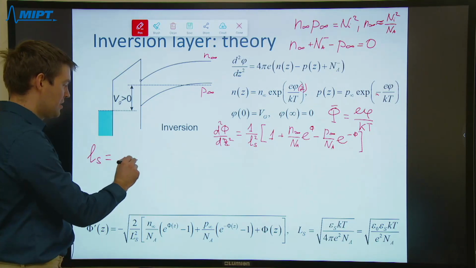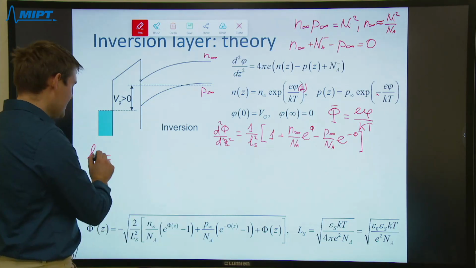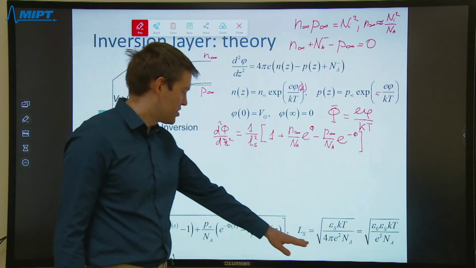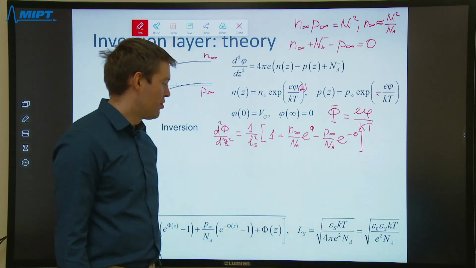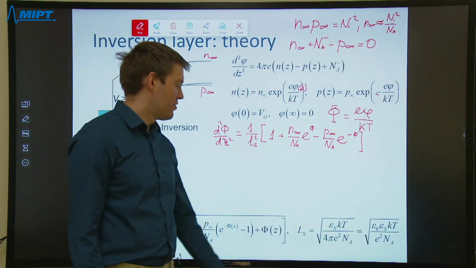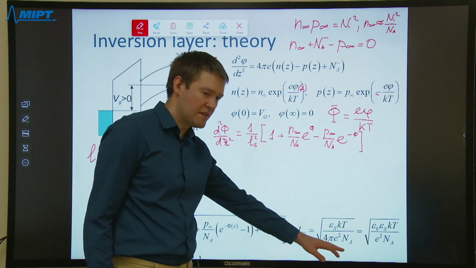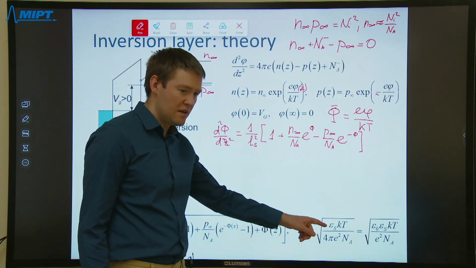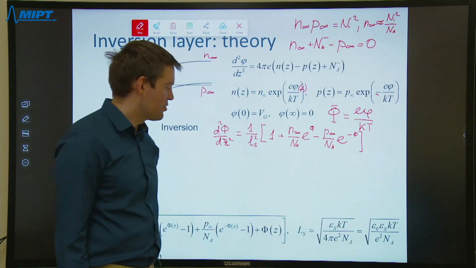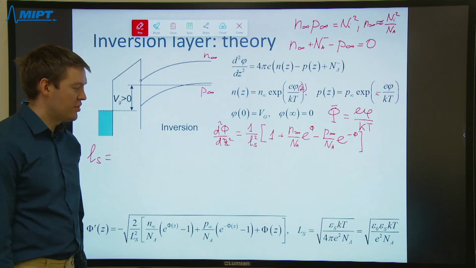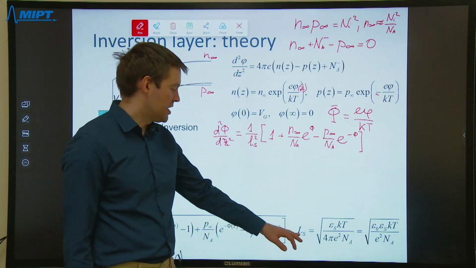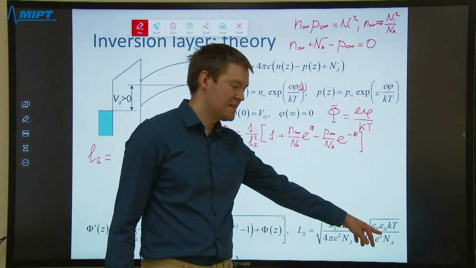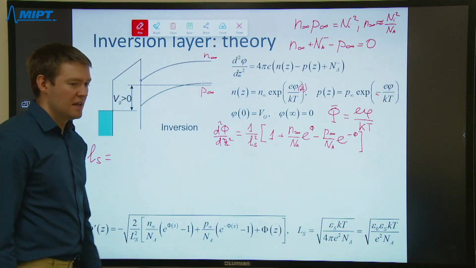It is given by the expression on the lower part of the board. It is inversely proportional to the square root of the density of acceptors, and proportional to the square root of the temperature. It is given here in two types of units, in Gaussian units and in SI units.